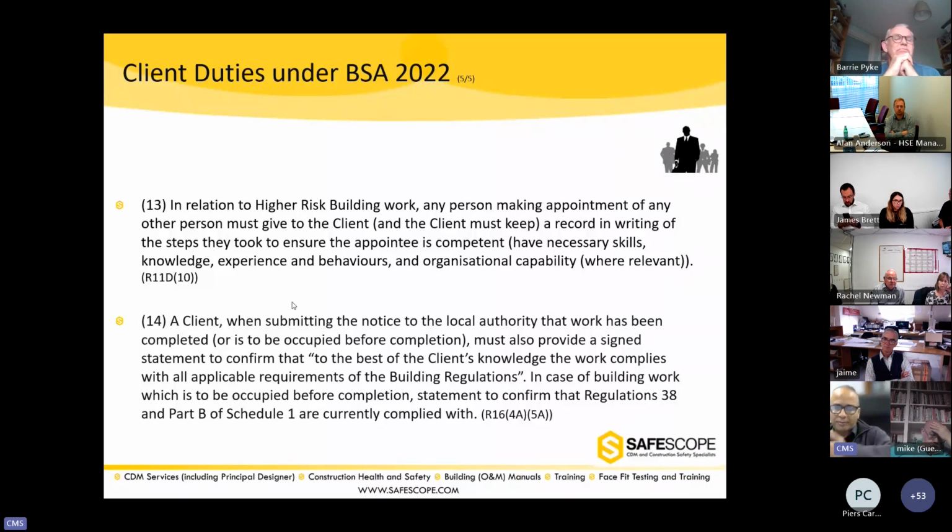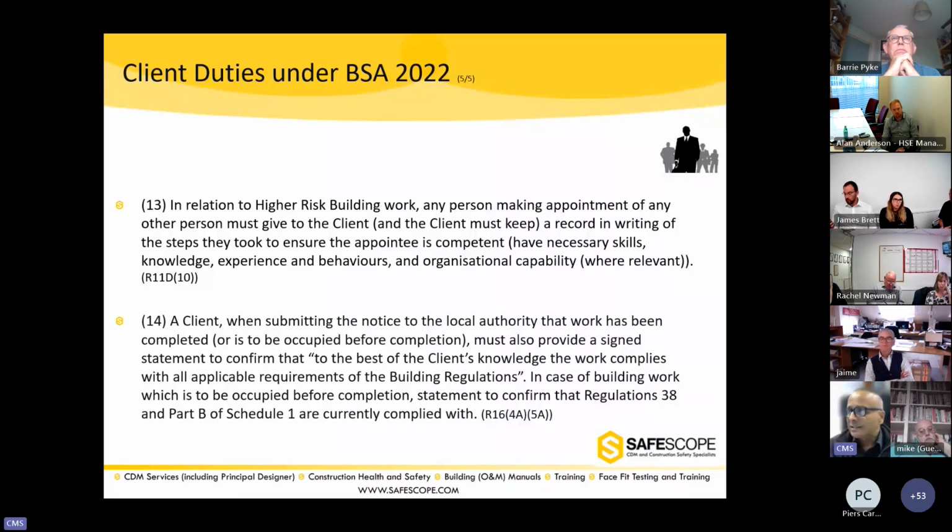So the whole record must be given to the client, and the client has to maintain it and must keep it safe. So in terms of appointing people, it has become more stringent: you have to give everything in writing to the client to say how those appointments were made and how you checked whether those people were competent.